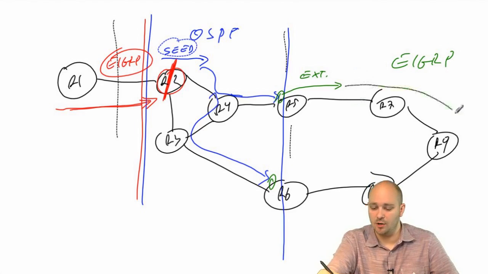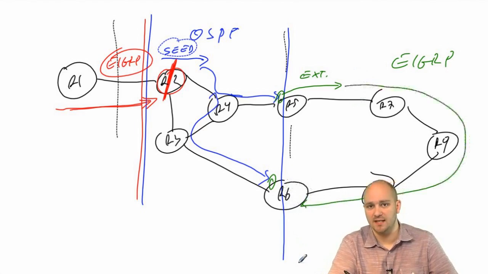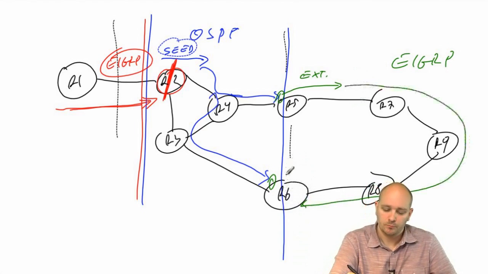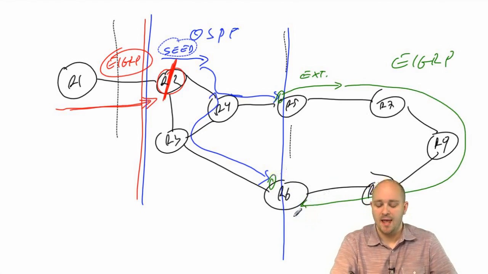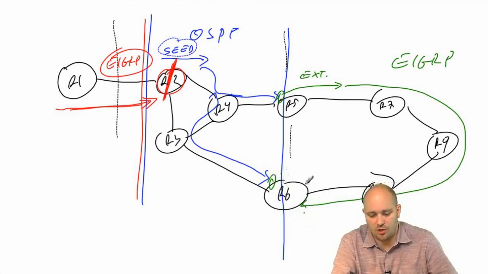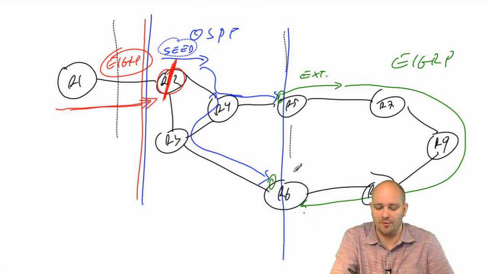So this route is now going to travel back to R6, where R6 may learn it as an EIGRP route. Now, if router R6 learns this as an external EIGRP route, and let's say that for whatever reason on R6 we lowered the admin distance of external EIGRP routes to be below 110, or R6 wasn't receiving these routes here.